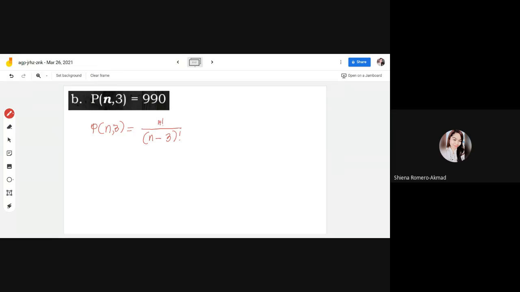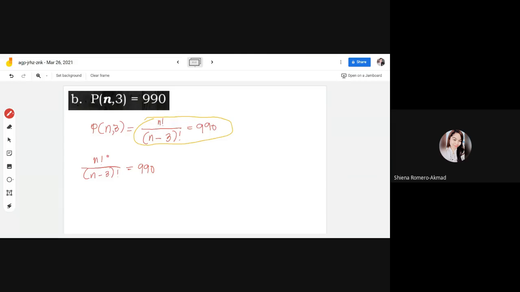Then remember, this is equal to 990. Okay? So, ang gagawin lang natin is we will copy this. And have n factorial divided by n minus 3 factorial equals 990.